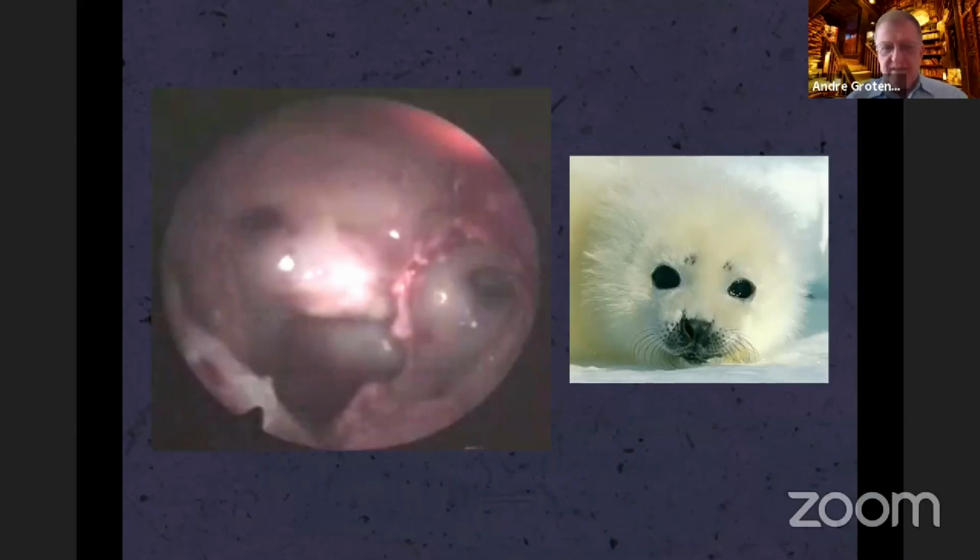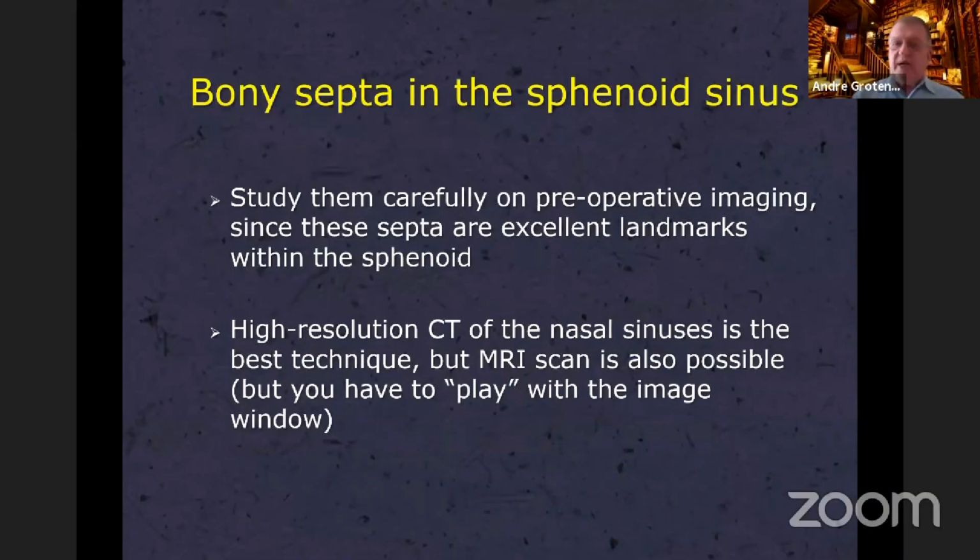So this is essential. The septae in the sphenoid sinus are not midline, they are multiple. They can be double, they can be triple, they can be vertical, they can be horizontal. And that's the thing that you have to study.